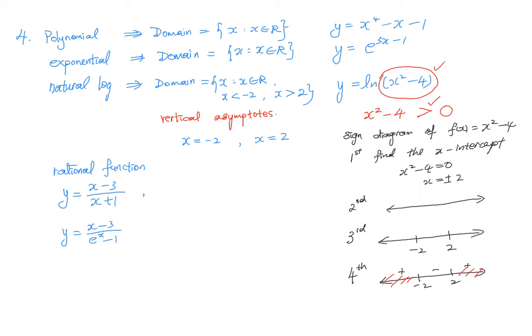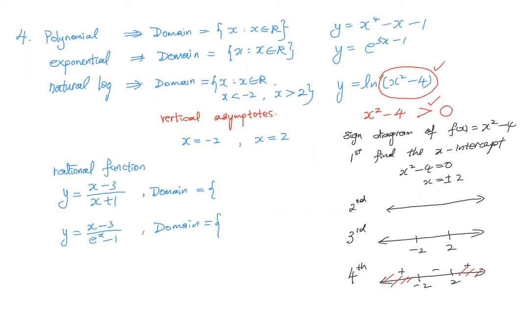So the domain, you have to remember how to get the domain. Do you remember all that? Uma, what is the domain for the first one and the domain for the second one for rational function?